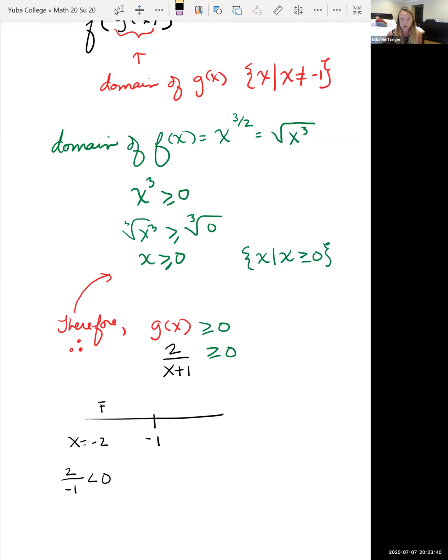Any number you chose to the left of -1 would give us a negative number, and that would be undefined. Now look at a number that is bigger than -1. So let's look at x equals 0. If we plug 0 into this, we get 2 over 0 plus 1, which is just 2 over 1, which is greater than 0. And this is a true statement.